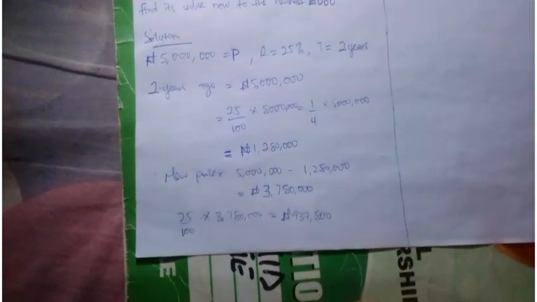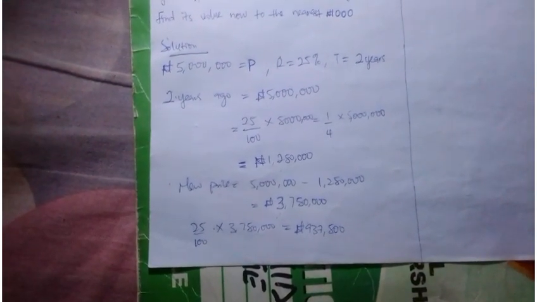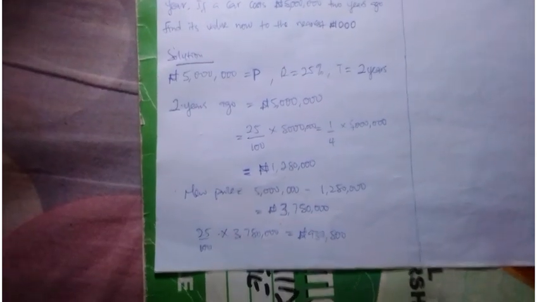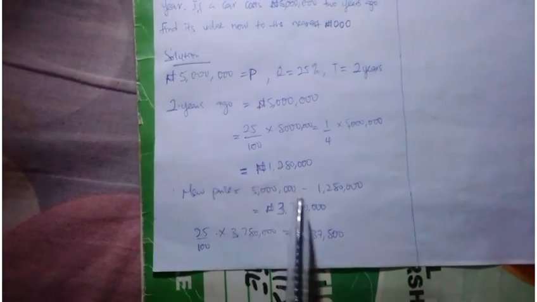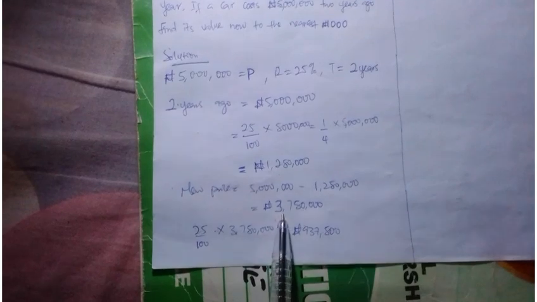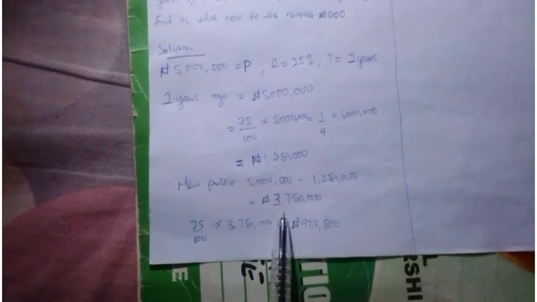Now, for the first year, which was 2 years ago, we had to do the discount, then subtract. Second year, which is the first year now, we have to do the discount and subtract.